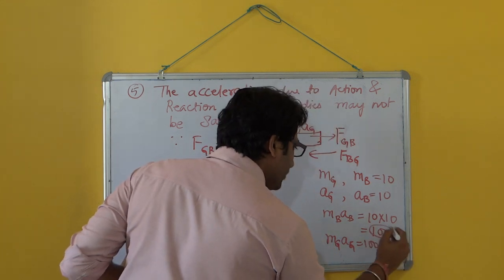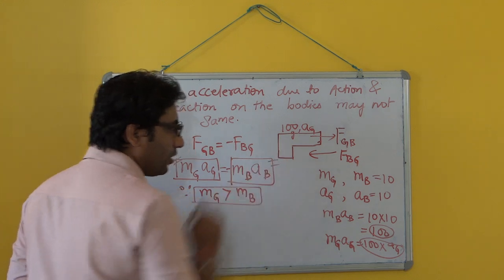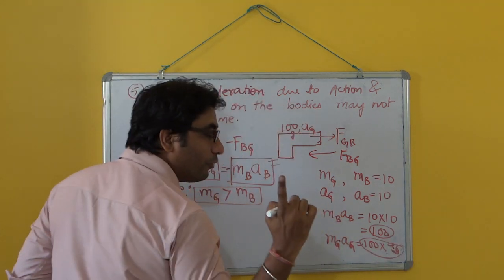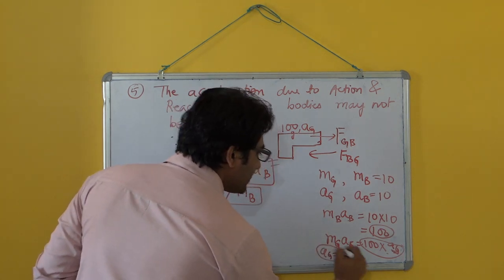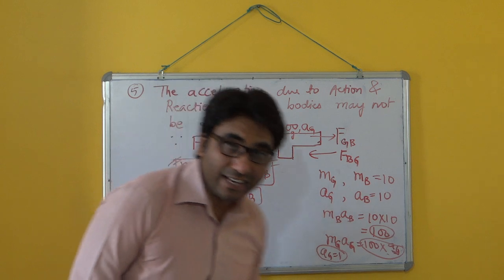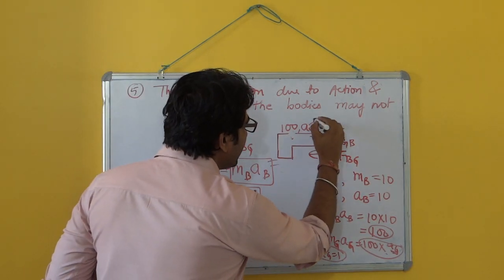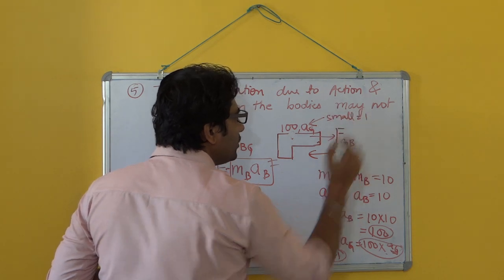Now this should be equal to this. That is my third law. So this can be equal to this if Ag is equal to 1. So the acceleration of the gun is 1. That means the acceleration of the gun is small.